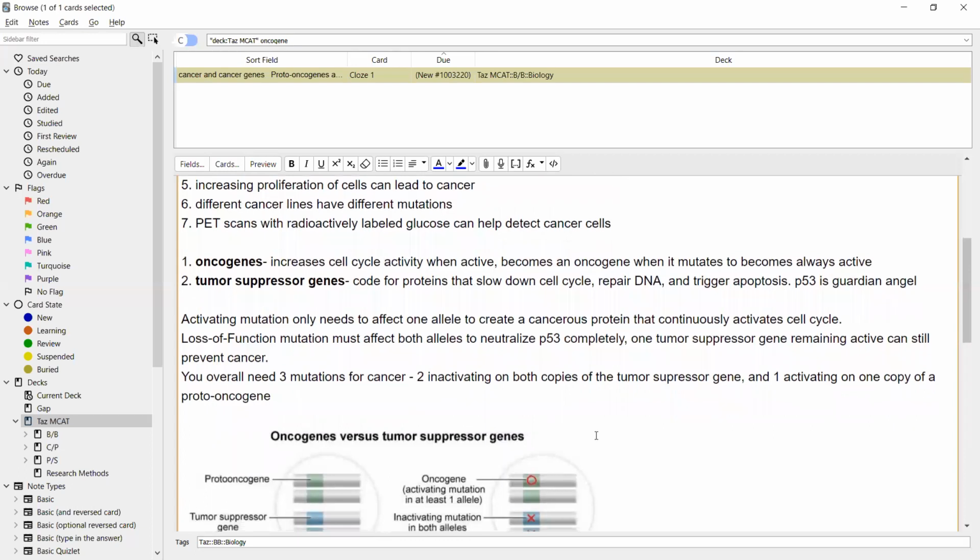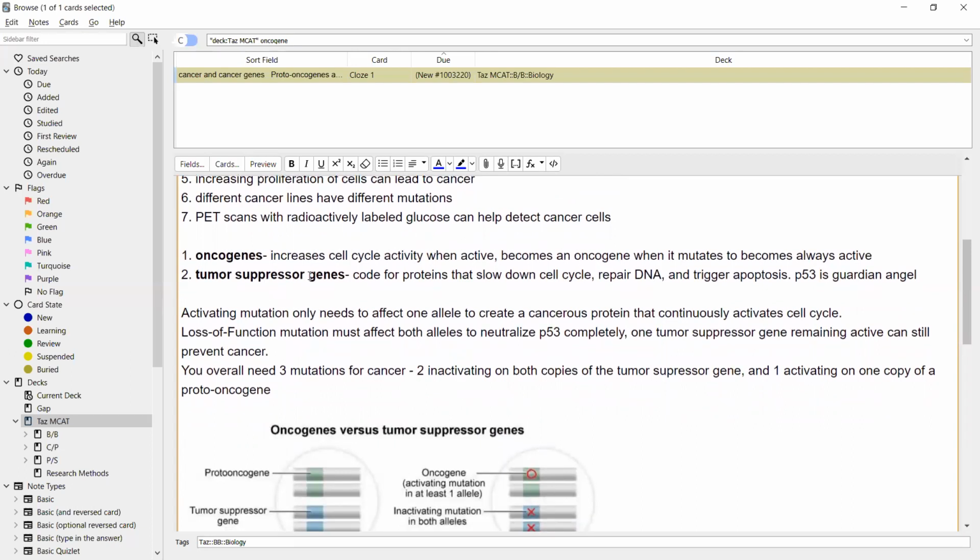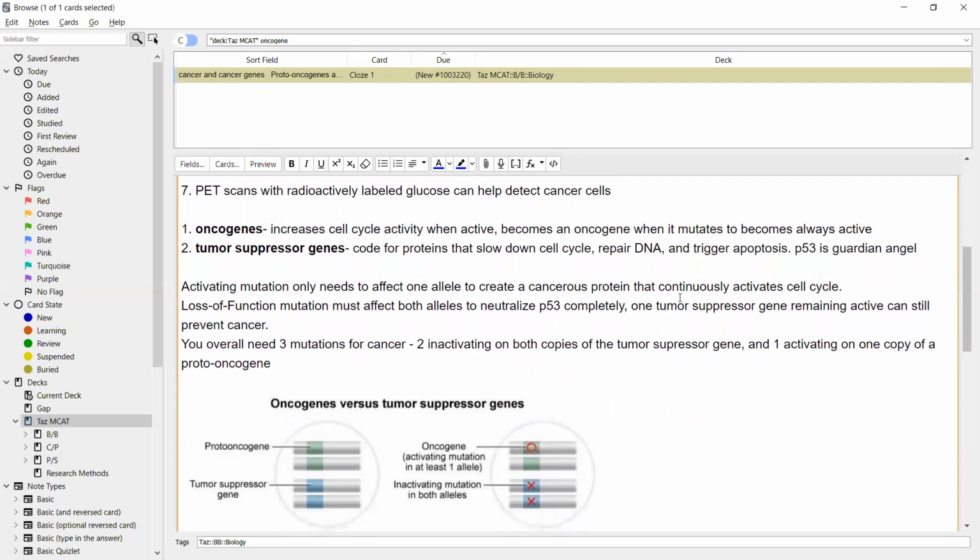If those genes become mutated and are active, they increase cancer's activity. Then we have tumor suppressor genes, which are genes that are against cancer. They slow down the cell cycle, repair DNA, and will trigger cell suicide if the cell is beyond repair, right?